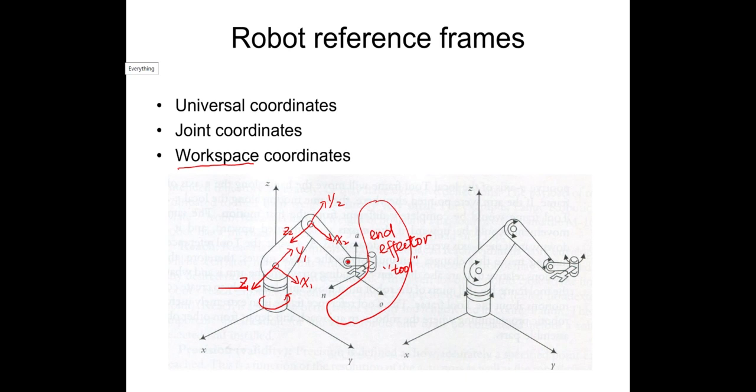Then we have all these joints, and each joint has a new coordinate system. Finally, we have the workspace coordinate system. Then the question is, why do we use a robotic arm? What is the goal of the robotic arm? The goal means what we want the robotic arm to do.